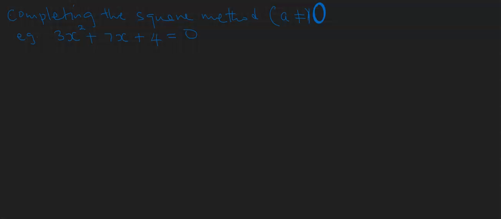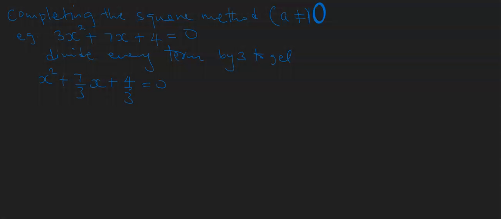So the first step that we need to do is make the coefficient of x squared 1 by dividing every term by the coefficient of x squared, which is 3, to get x squared plus 7 over 3x plus 4 over 3 is equal to 0.